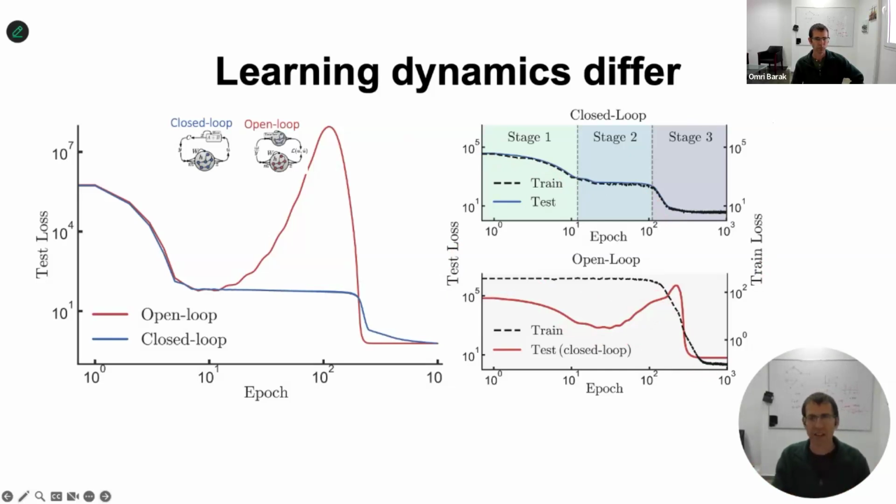Also note that when the test loss drops 4 orders of magnitude from here to here, at the same time, the train loss only drops roughly 1 order of magnitude. So it really is doing a different task.